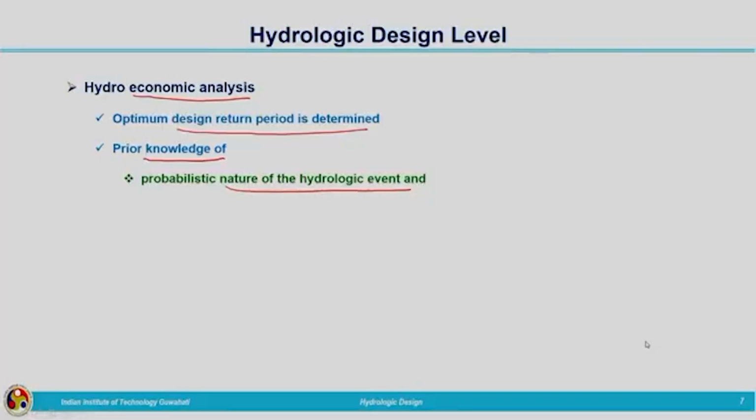Also, we need to have an understanding about the damage that can happen. If the extreme event occurs and the structure is going to fail, what will be the damage which may be incurred? That damage in terms of cost we should have an idea.